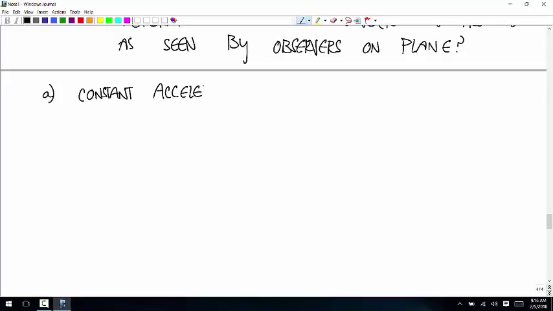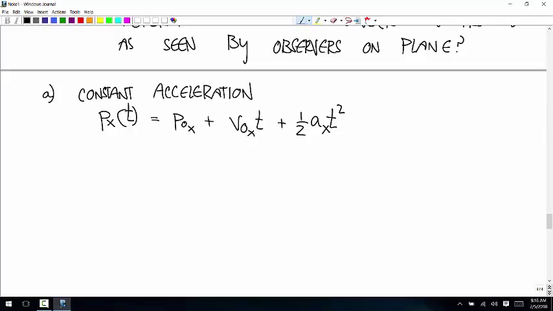And so you know that the position of x as a function of time is going to be in this form, and the y position as a function of time is going to be in this form.